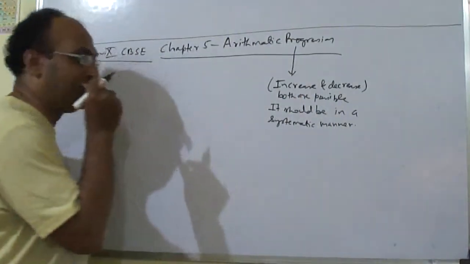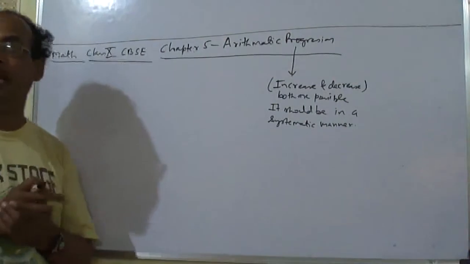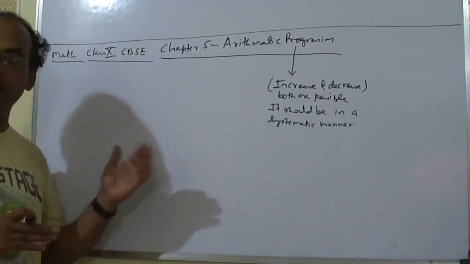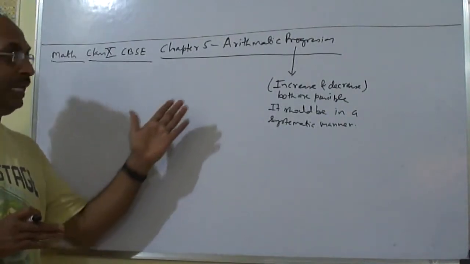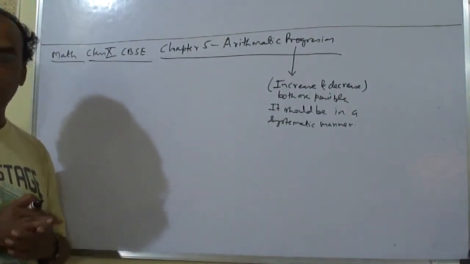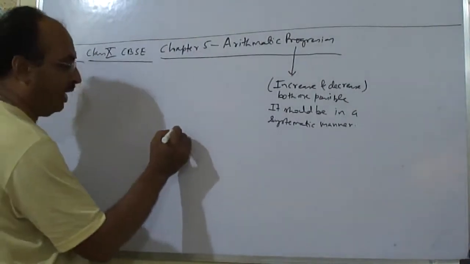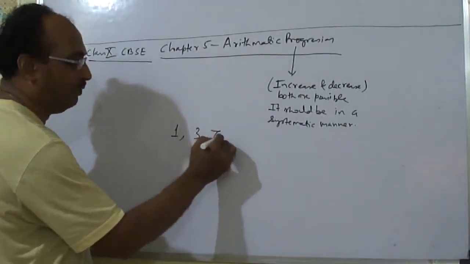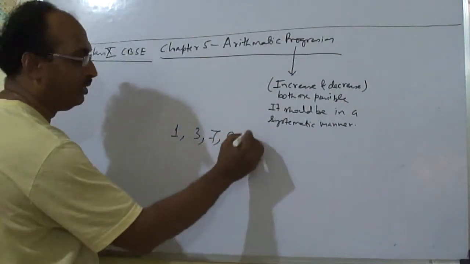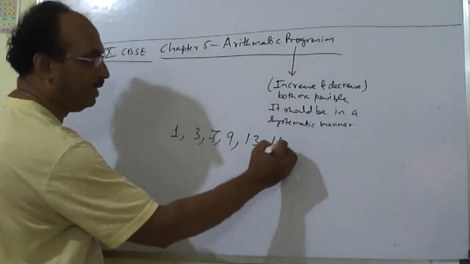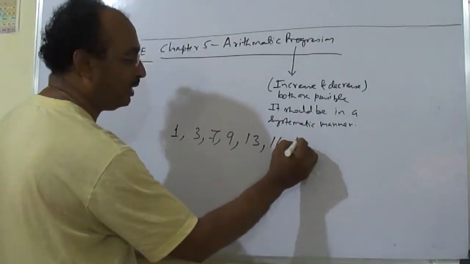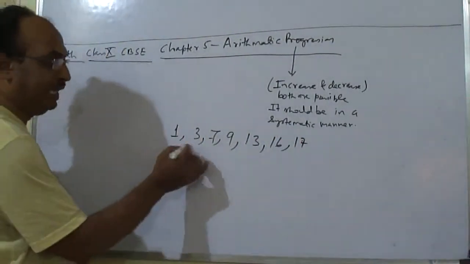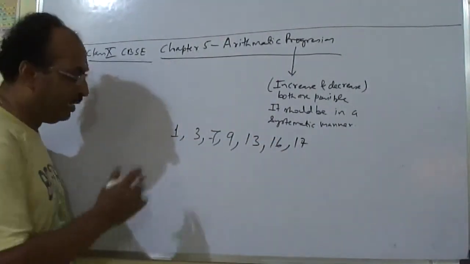Now you would be asking what systematic manner actually means. Suppose I write 1, 3, 7, 9, 13, 16, 15, 17. Here we see an increase in the numbers.